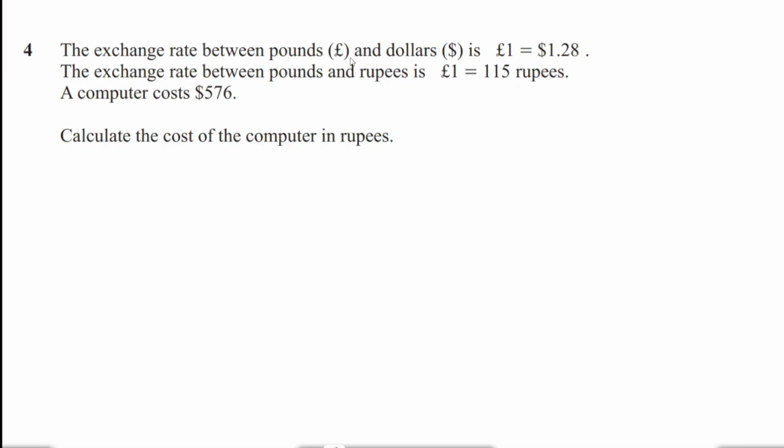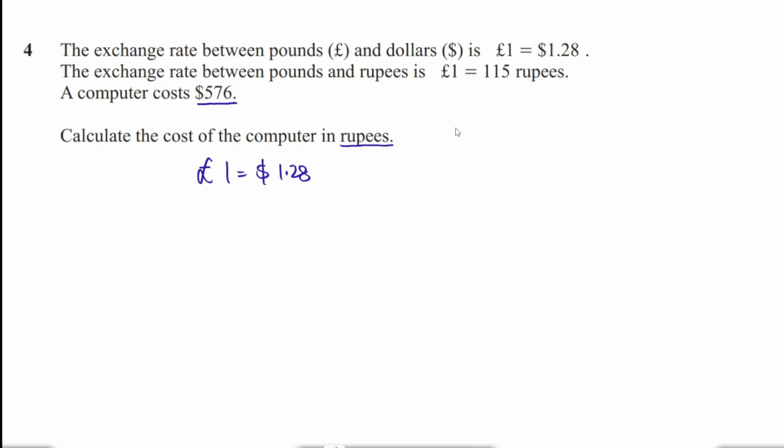Exchange rate between pounds and dollars is 1 pound is equal to $1.28. So what do we have here? 1 pound is equal to $1.28, and 1 pound is equal to 115 rupees. We have a computer which is costing us $576, and we need to find the cost in rupees.